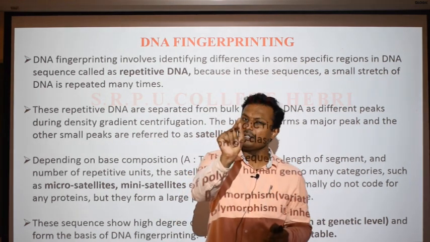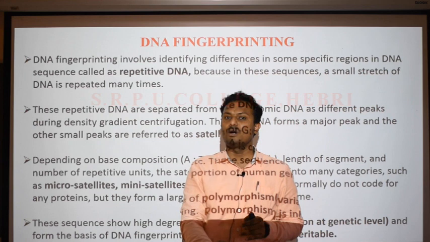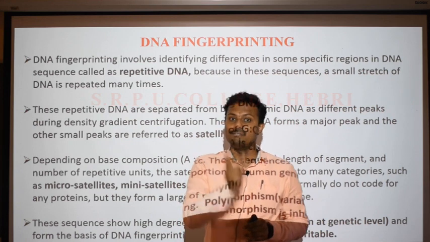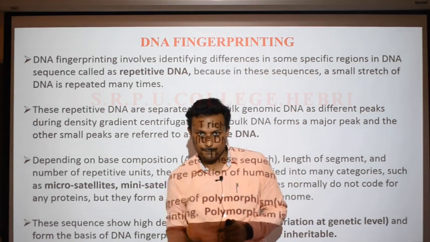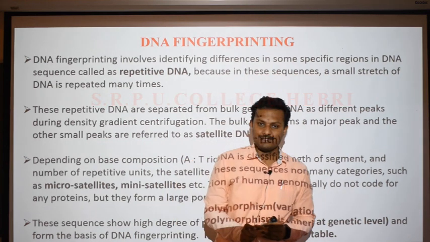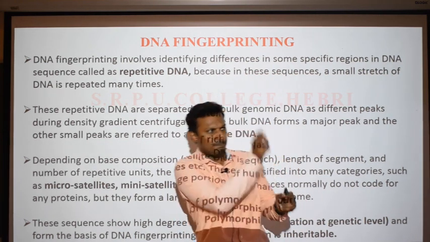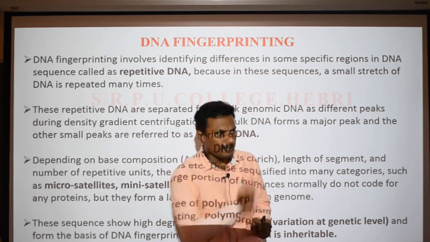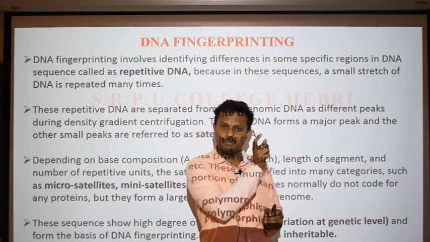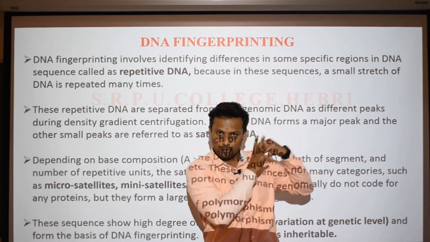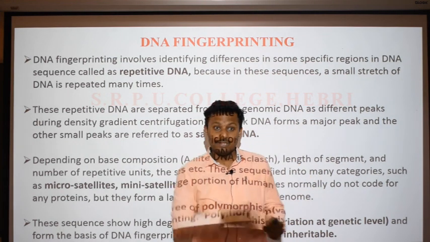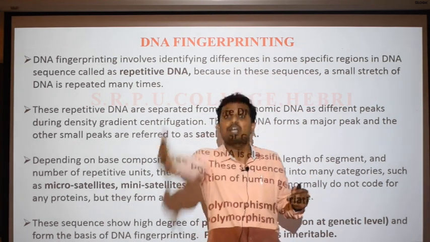And that 0.1% difference is mainly because of those sequences which are repetitive in our DNA. We call them repetitive DNA sequences, where a particular nitrogen base, or a particular sequence of nitrogen bases, maybe a short segment or a longer segment, is repeated a number of times.